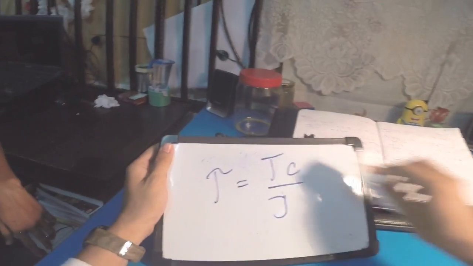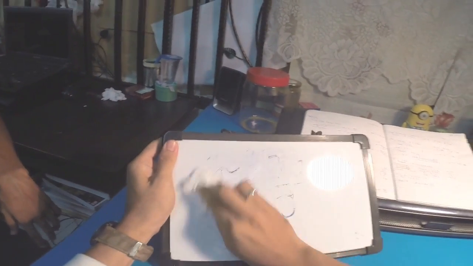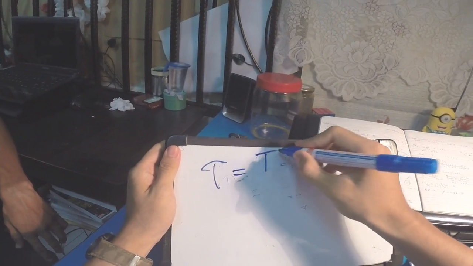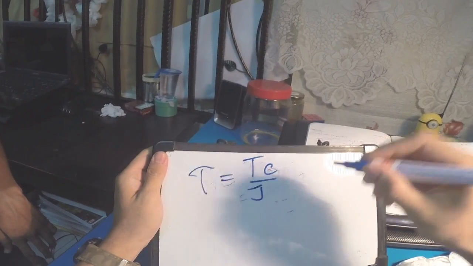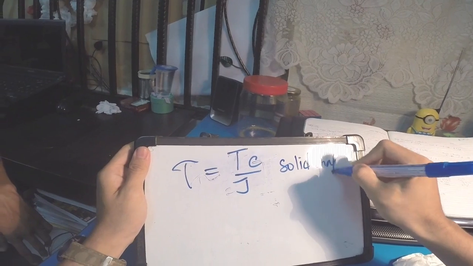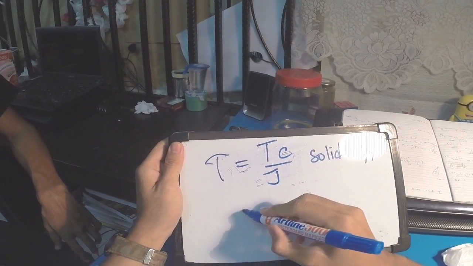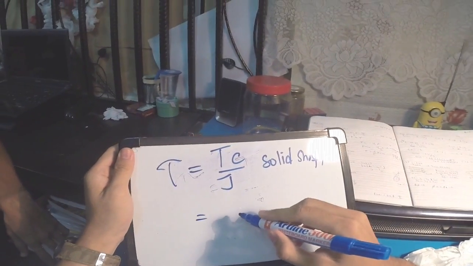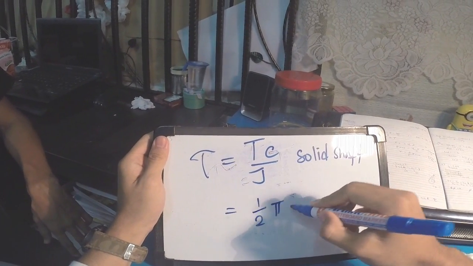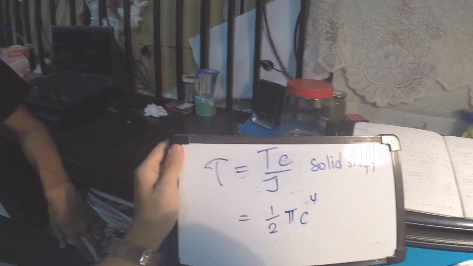So I need to erase this first. For the solid shaft, the formula for J is equal to 1 over 2 pi C to the power of 4. So this is for the solid shaft.